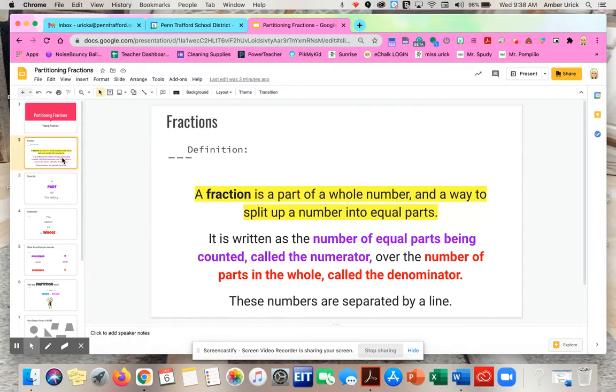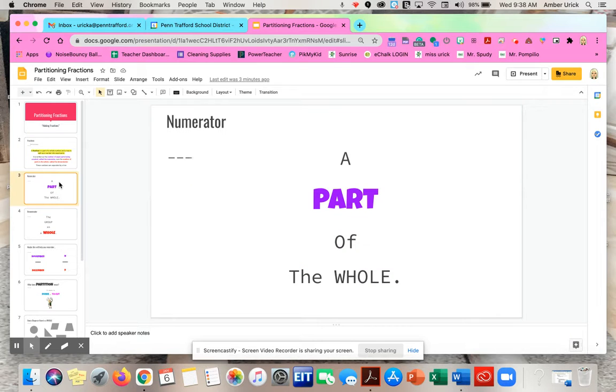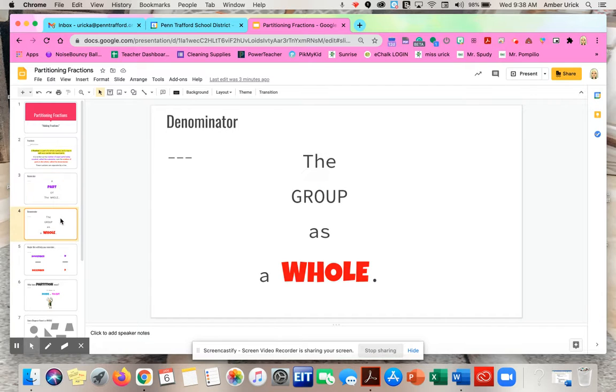These numbers are separated by a line or by the fraction bar. So if you remember, the numerator is over the denominator. To review, the numerator is the part of the whole, and the denominator is the whole.